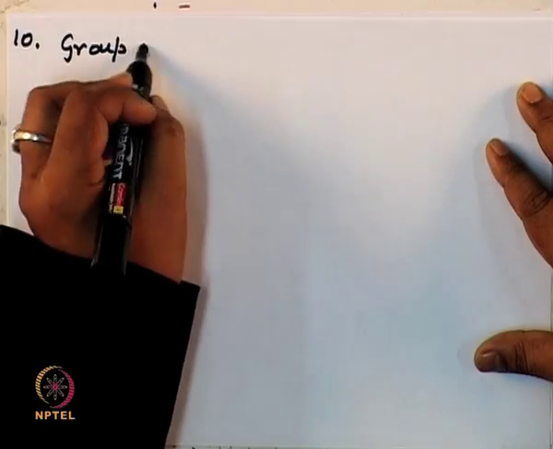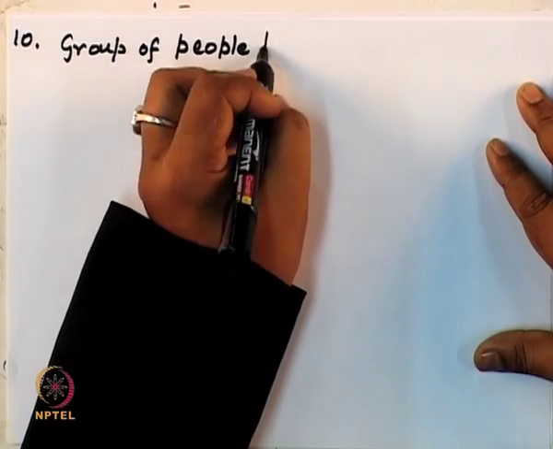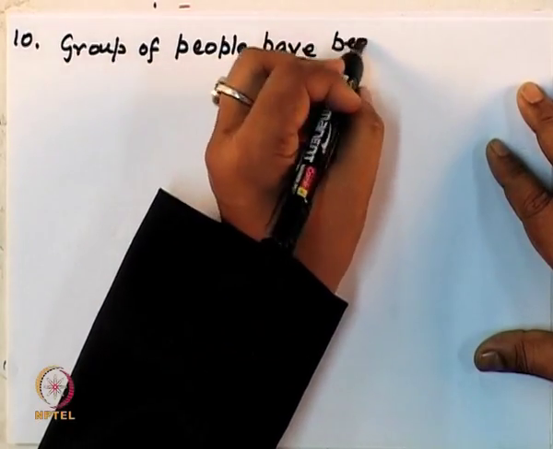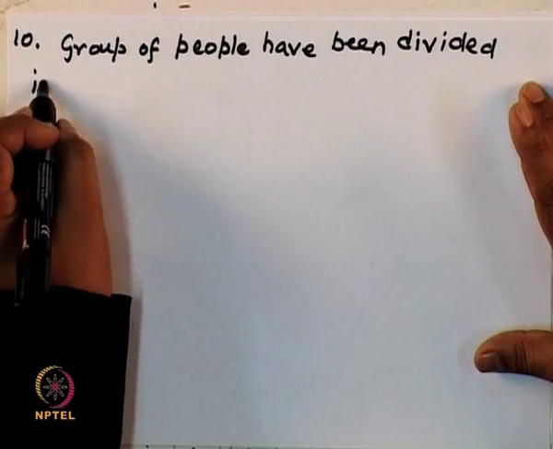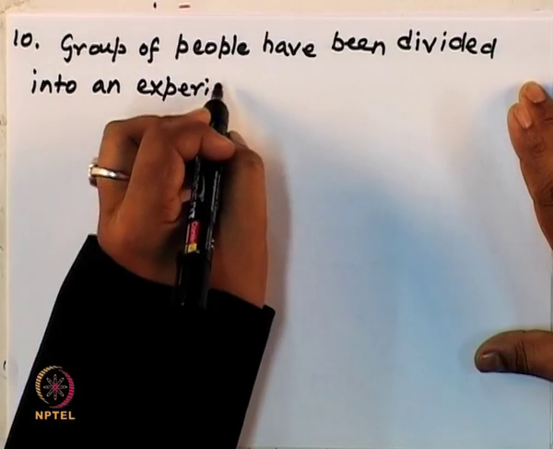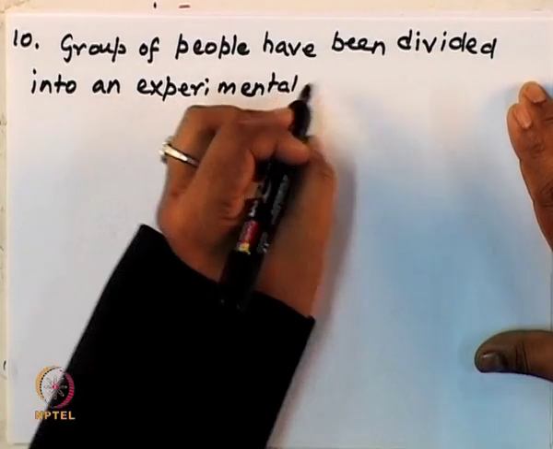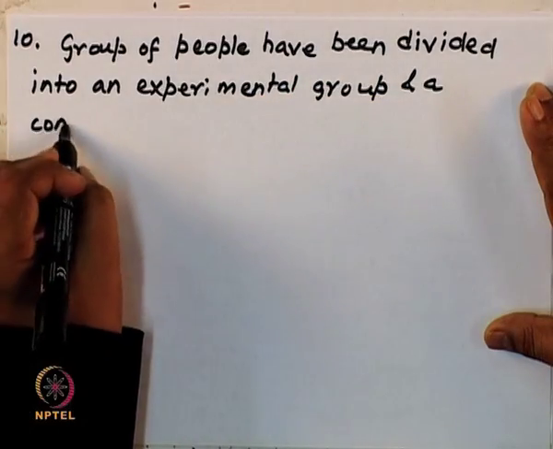So, let us take another two examples to clear these ideas. Imagine that a group of people have been divided into an experimental group and a control group.